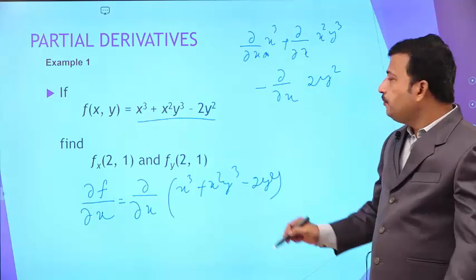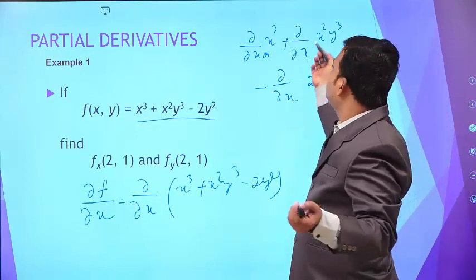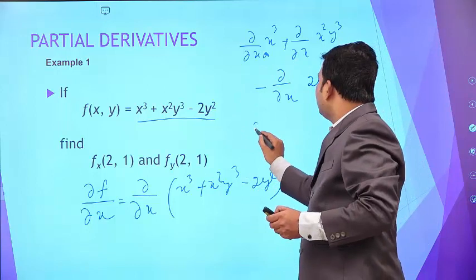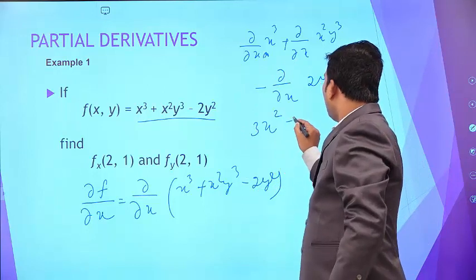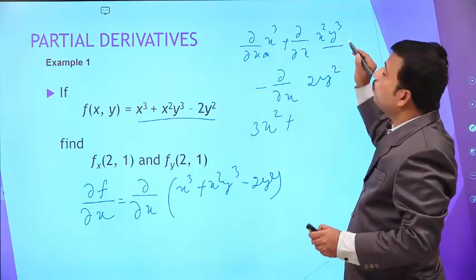Now dou by dou x of x cube, there is no other variable, simply differentiate it. So we get 3x square plus dou by dou x of x square y cube.